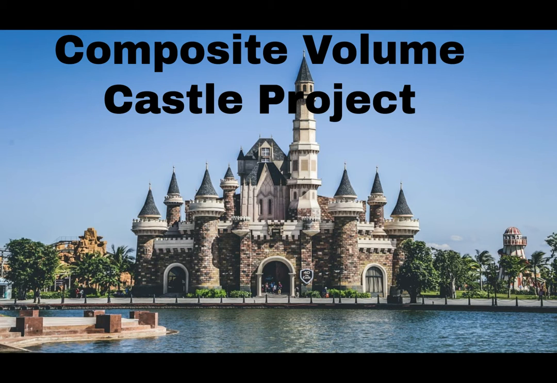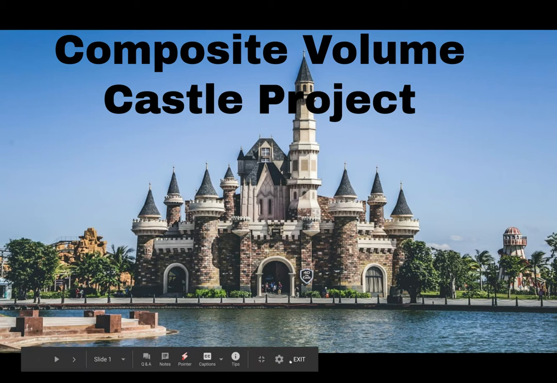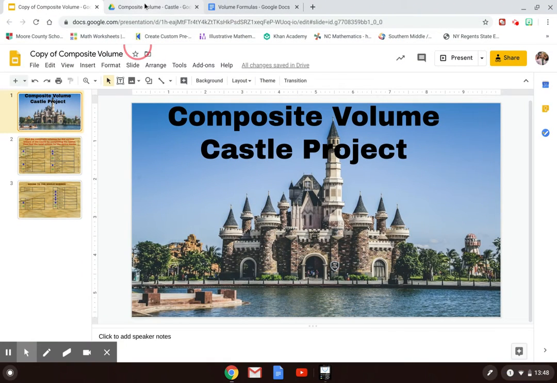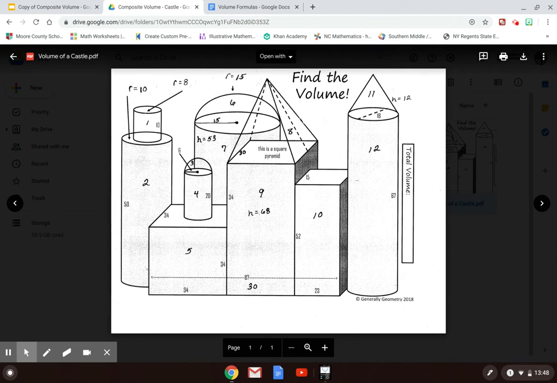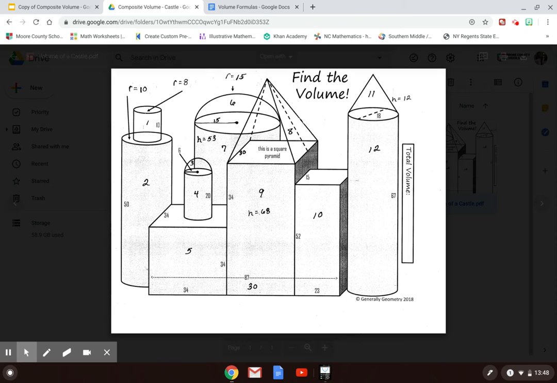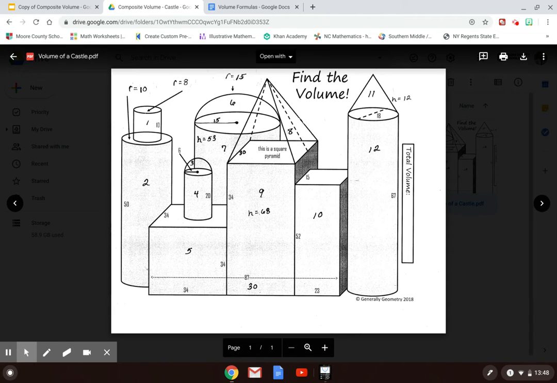it with what you learned about volume last year, and put it together to find out the volume of an entire castle. Okay, so here is the castle we're going to be using for our volume project. You'll notice here that each shape has got its own number to it. So here's 1 and 2, 3, 4, 5, 6, 7, 8, 9, 10, 11, and 12.